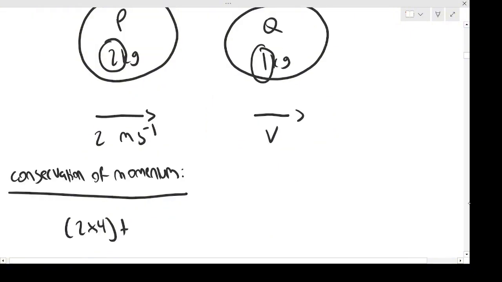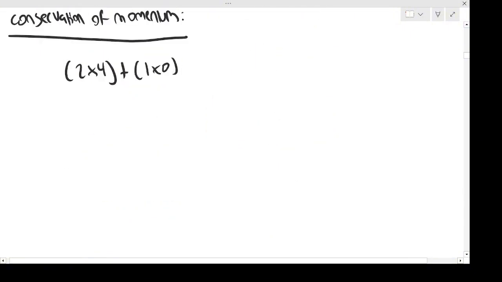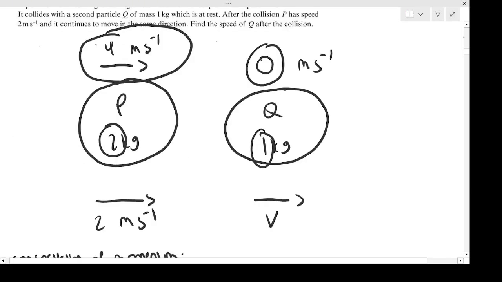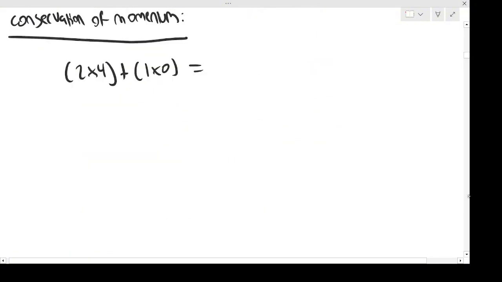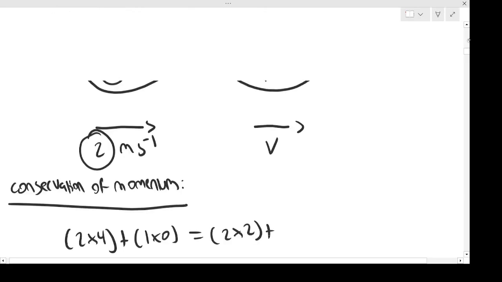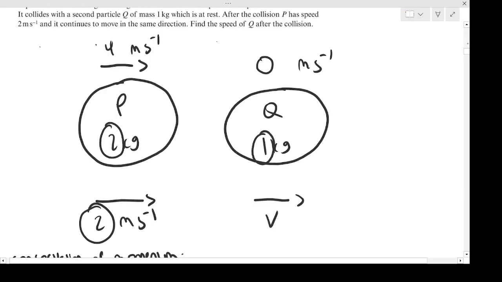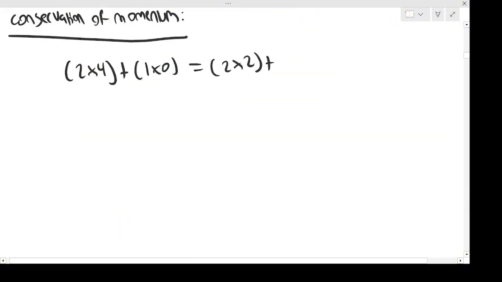So it's going to be 1 times 0 for Q. So that's the momentum before, then it equals the momentum afterwards. Now afterwards, P has mass 2 but the velocity is now 2 as well. So it's 2 times 2 from P. And then for Q, the mass is 1 and the velocity is V. So it's 1 times V. And there we are. So momentum before is equal to momentum afterwards.